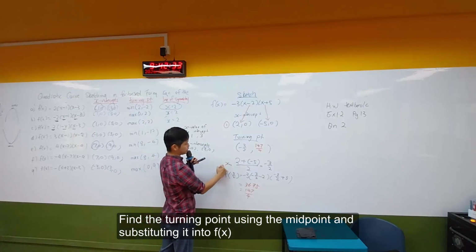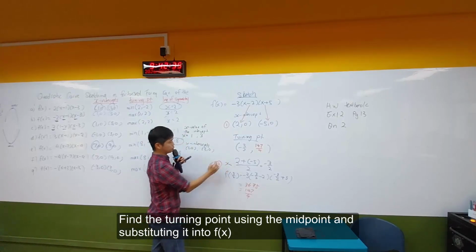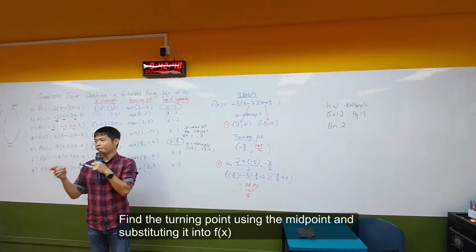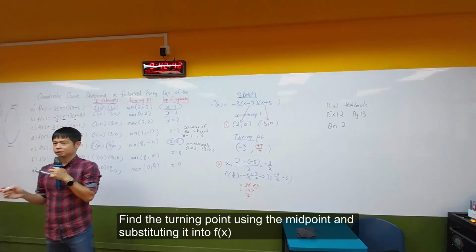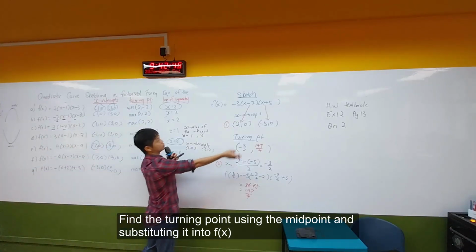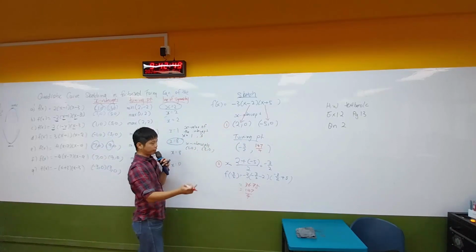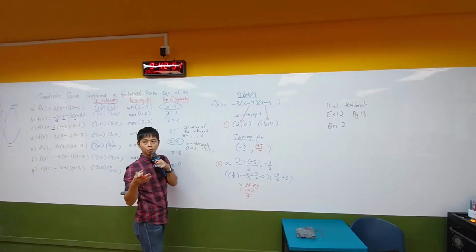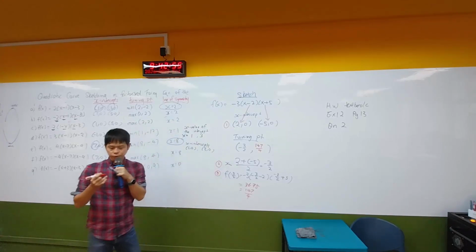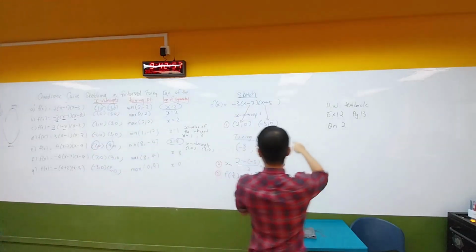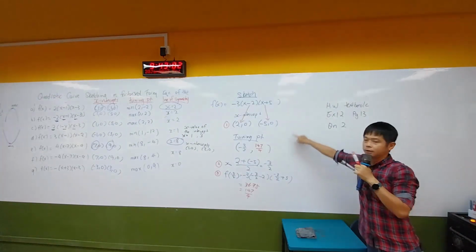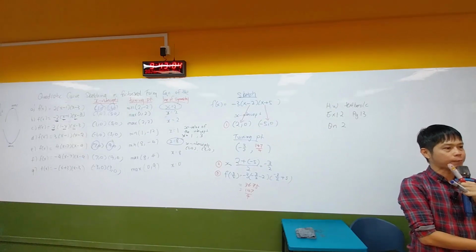The midpoint formula is given by this. I'm able to find the x turning point. After I find the x turning point, can I find the y turning point? By substituting the x turning point in, I will find the corresponding y turning point. So now we will sketch. We have the x-intercept, we have the turning point. We can sketch already. Any questions so far before I sketch?